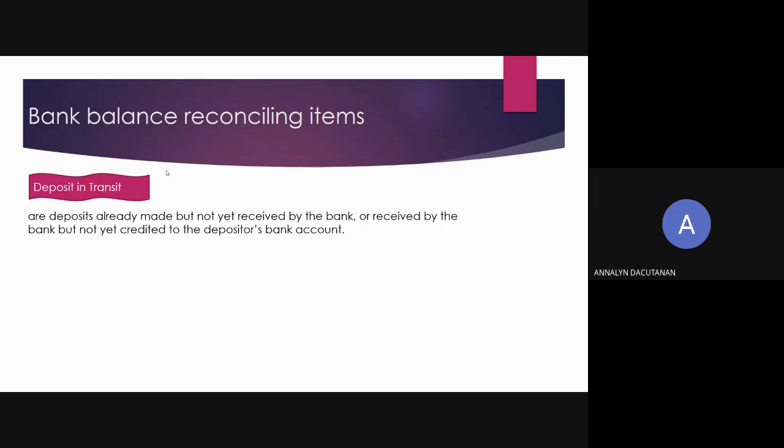Okay. So, if it's a deposit in transit, ano yung effect niya sa bank balance? It is an addition. Kaya kailangan mo siyang i-add sa bank balance in order for you to reconcile with the book balance. So, yung 100,000, pag nag-perform ka ng bank reconciliation, kailangan i-add mo siya doon sa 400,000 na bank balance.